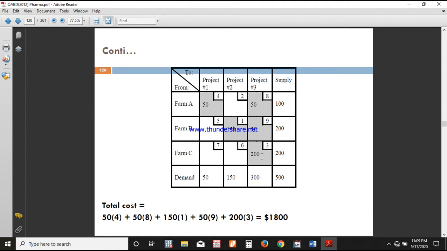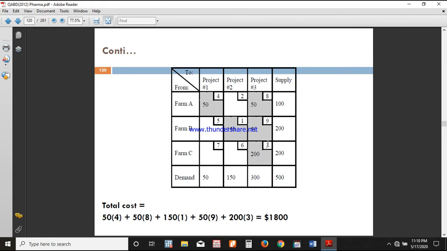This will become 100. The next least cost is exactly 4, therefore 50 and 100. You can choose the least, which is 50. Therefore, you can allocate this 50 here. Now this will become fully exhausted 0, and this will become 50. The next least cost value is 5. Unfortunately, the demand side is fully exhausted.